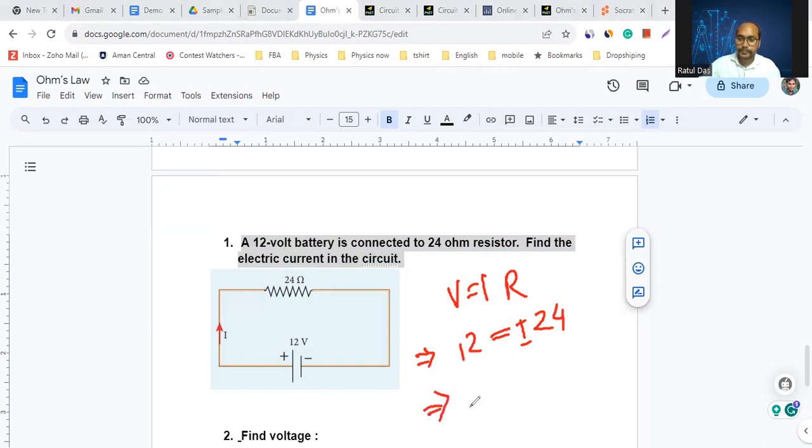So I will be 0.5 ampere. So we are getting 0.5 ampere electric current.